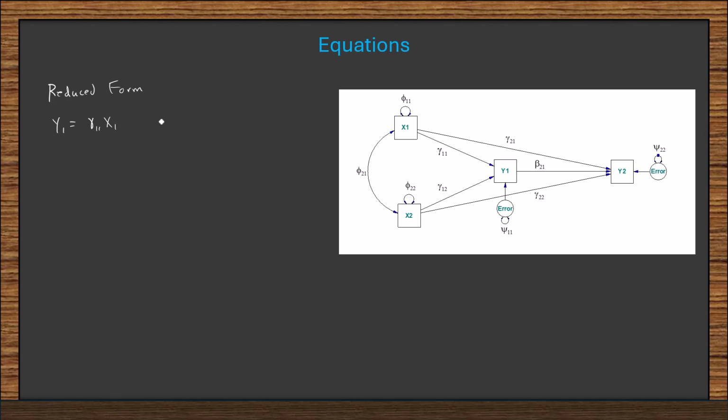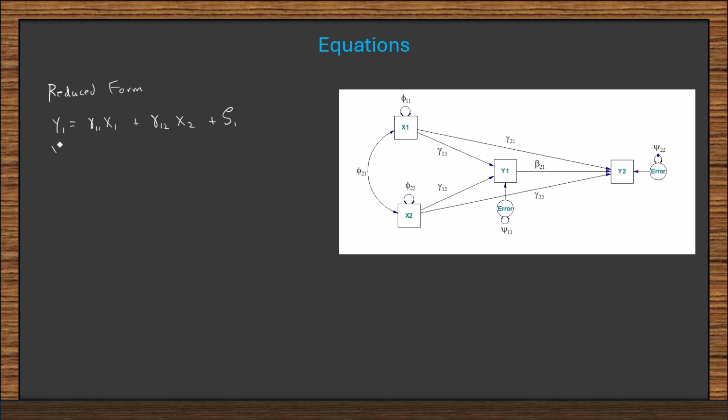Multiply that by x1. x2 is also predicting y1, so we have gamma 1,2 times x2. And then we have an error term for y1, which in the last video I called zeta 1. And this is just a regression equation with two predictors.